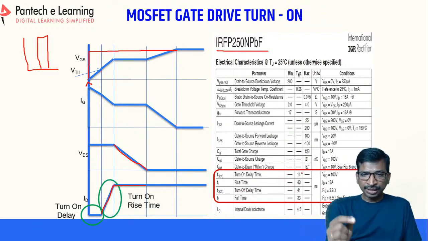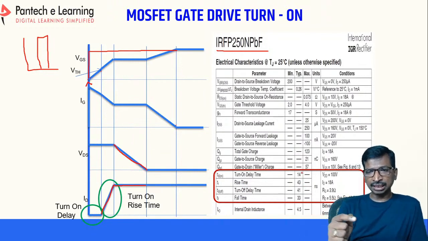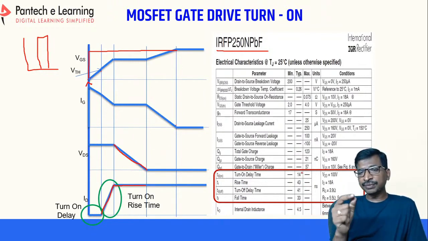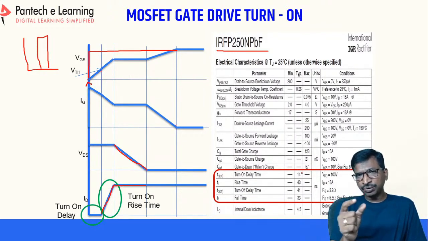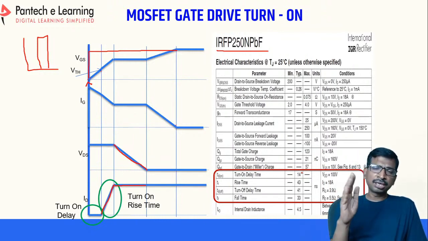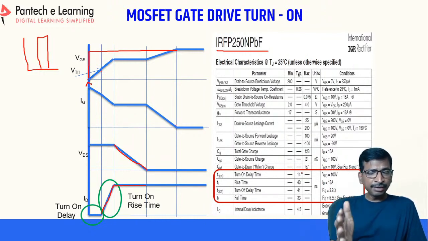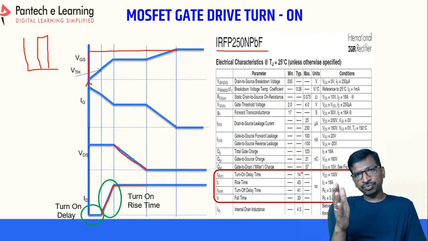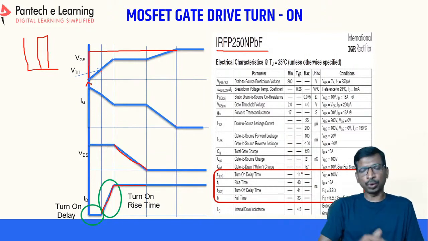So if you add 43 plus 14, about 57 nanoseconds, you cannot fix your switching period less than this time to turn on the device. Similarly for the turn off mechanism, if you take 41 nanoseconds and 33 nanoseconds, that is about 120 nanoseconds, so you cannot use this device for a 120 nanosecond switching period. Always you should have a switching period longer than this.